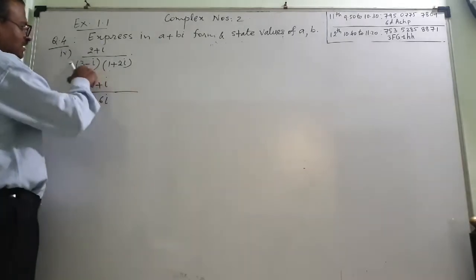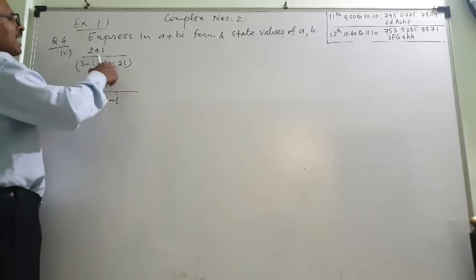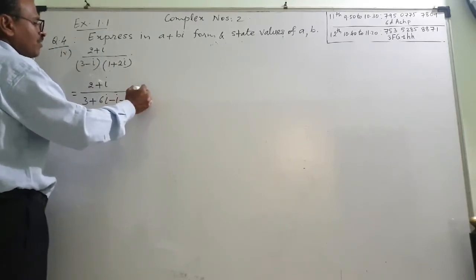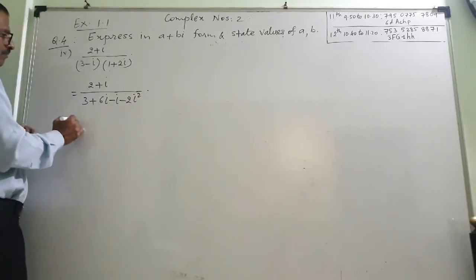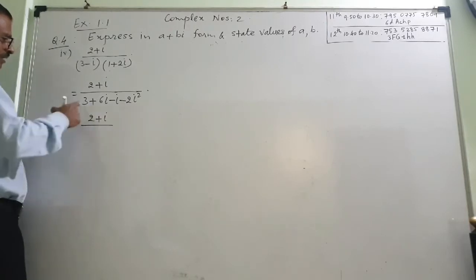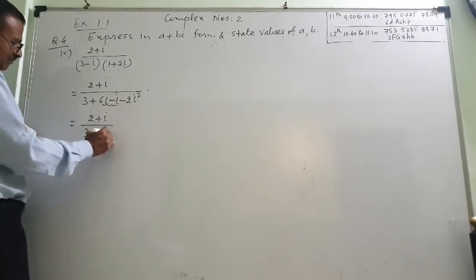Now by this minus i: minus i into 1 is minus i, minus i into 2i is minus 2i square. That is equal to 2 plus i upon, this will be 3, and this is plus 5i.